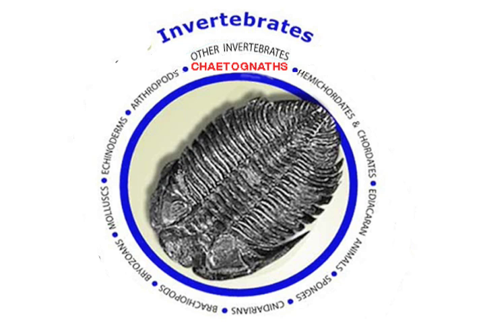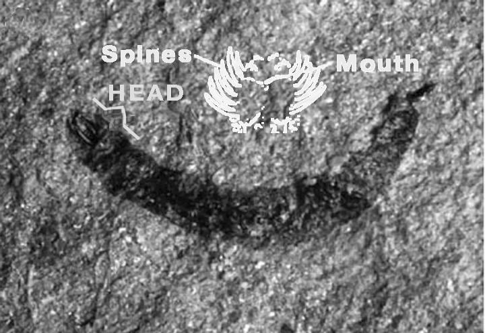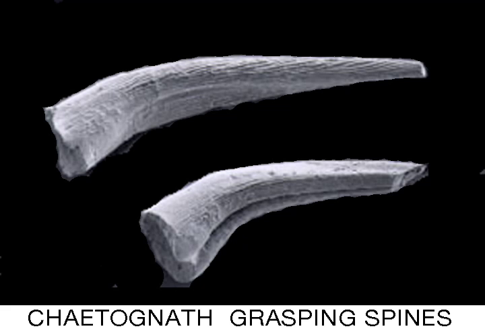The only hard parts of chaetognaths, arrowworms, are large, chitinous, circumoral grasping spines. The spines and impressions of the animal are found in appropriate Lagerstätten in the Cambrian strata of China, but their recognition in younger strata has been poor because the spines have been confused with the spine-like teeth of some conodont element.